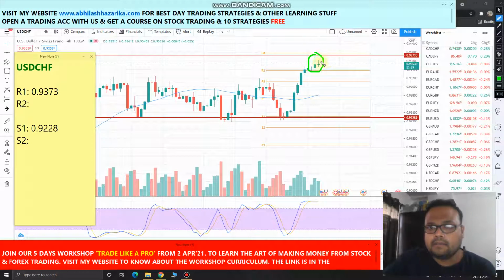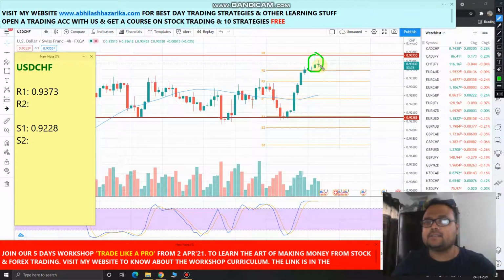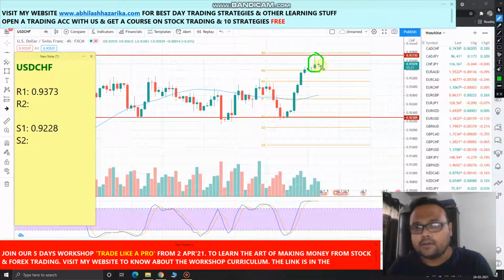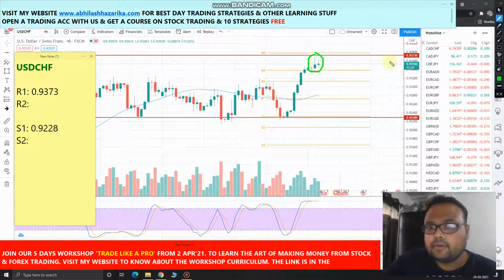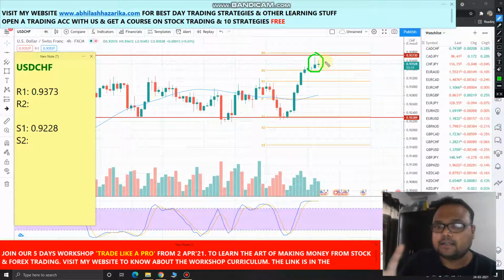But the next candle is like a spinning top. A spinning top generally suggests indecision in the market. Neither bulls nor bears are dominating. There is a tug of war kind of situation. So let's wait. If you get a clear indication after this candle that the market is about to reverse, yes, you can short the market. It's plain and simple.